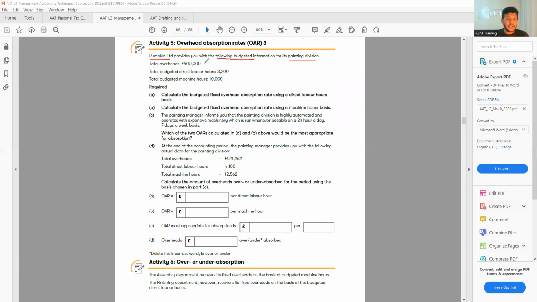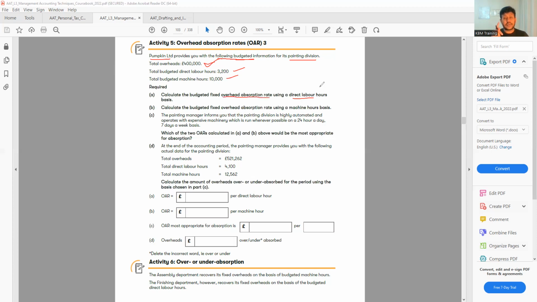Total overhead is 400,000. Budgeted direct labor hours are 3,200. Budgeted machine hours are 10,000. Calculate the budgeted fixed overhead absorption rate. So we have to calculate the OAR using the direct labor.